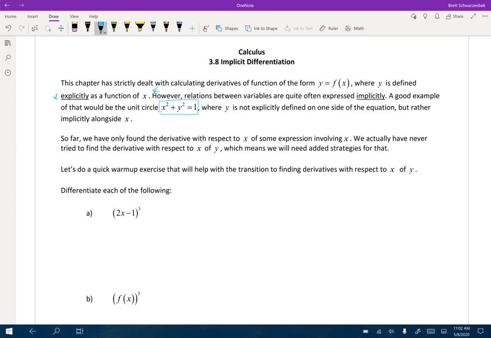As you see, this is not y equals something. All the variables are on one side mixed together, y and x. That is an equation whose derivative you do not know how to find yet, which is what this section is all about. We are going to use a method called implicit differentiation to accomplish that.